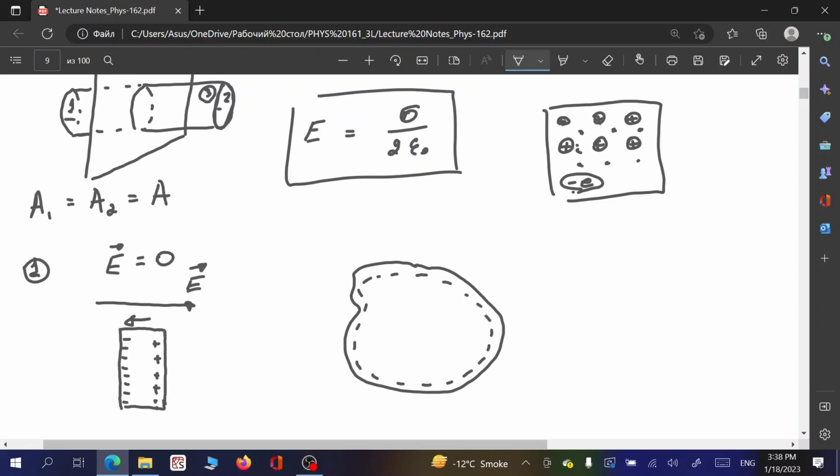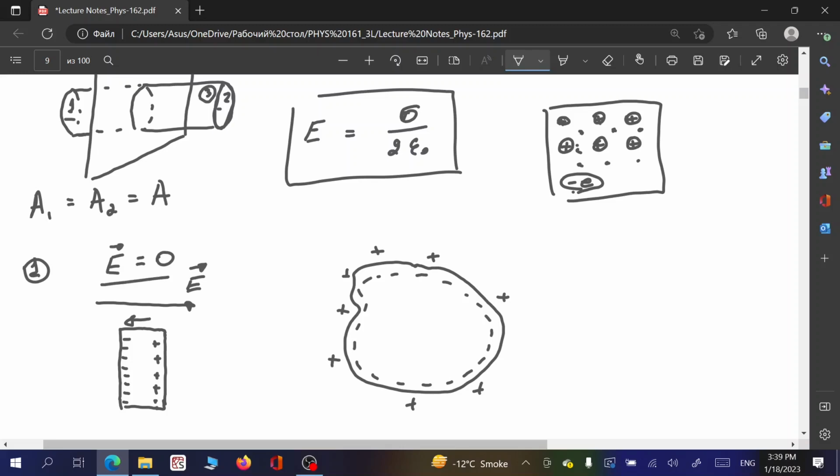Assume that we have some charges here which are residing on the surface of the conductor. So we need to recall the first condition which we mentioned, that the electric field vector inside the conductor under electrostatic equilibrium will be equal to zero.